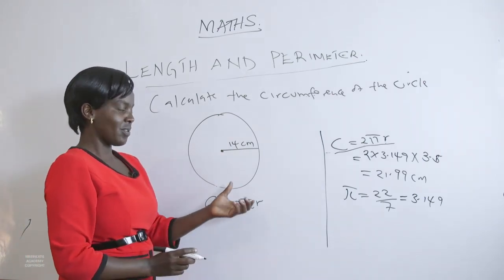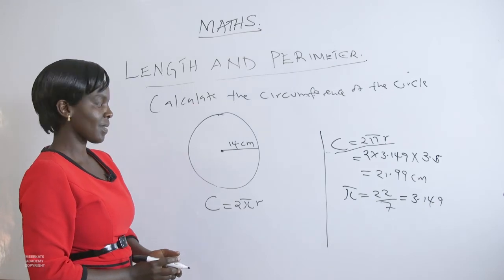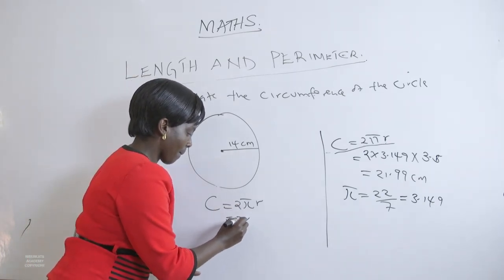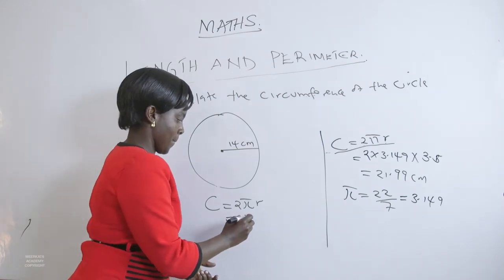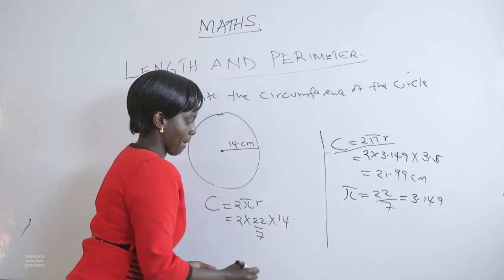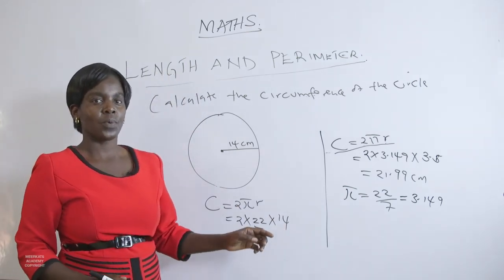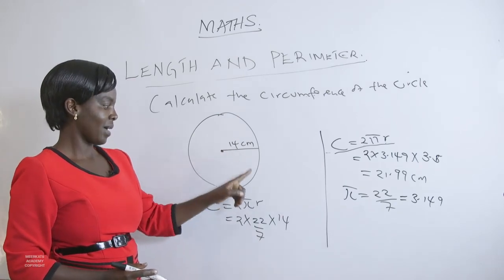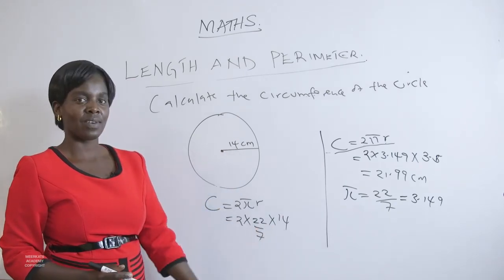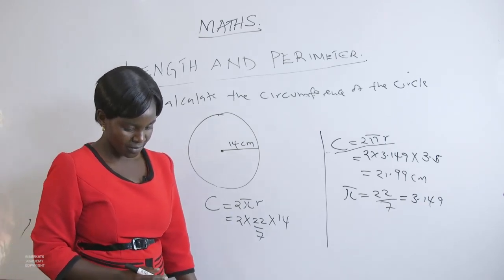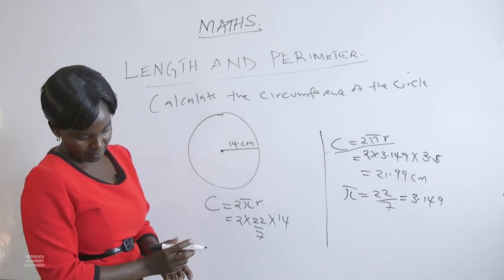We substitute the values that we are given in our formula. This time round, we are using 22/7, and then we are substituting with our value 14 of the radius.